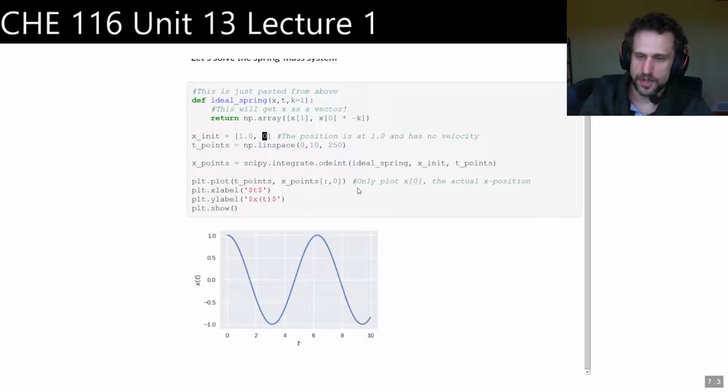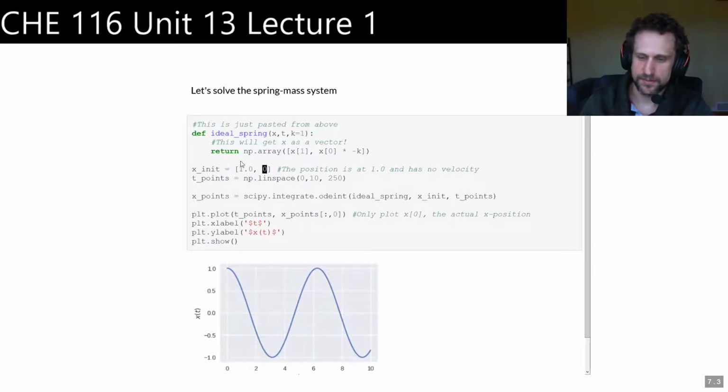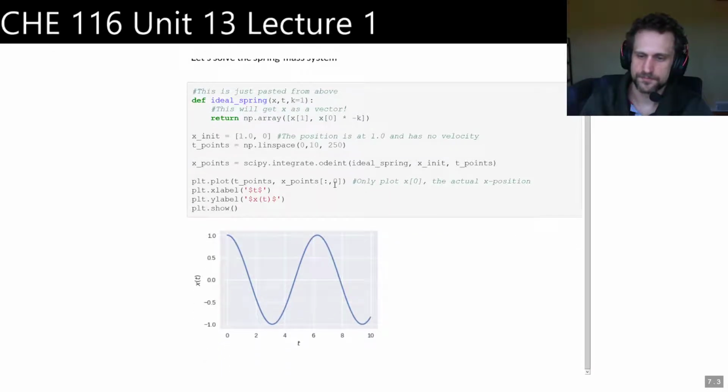Now you could plot both, but usually in these problems, we don't ask you to plot the position and the velocity, we just ask you to plot the position. So I grab only column 0 because that second dimension was just added so I could solve the problem. So I ignore the other dimension. I only want the position because I'm trying to find the position over time, right? And then this just says I want all the time points. So then I can plot this now.